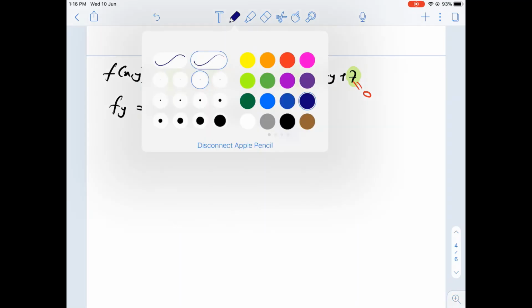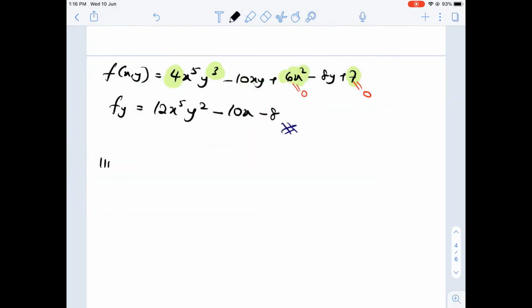Next, question number 3. We need to find del squared f, del x squared. This is equivalent to f subscript xx, which means that we differentiate the function with respect to x twice.